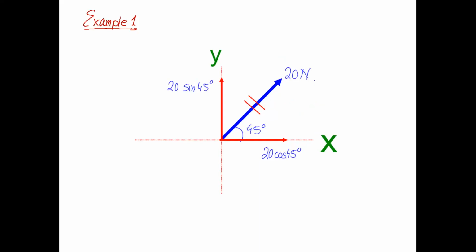We have taken 20 Newton as a vector and look at the two components. You can further solve them using a calculator, but the main idea is to show the components.